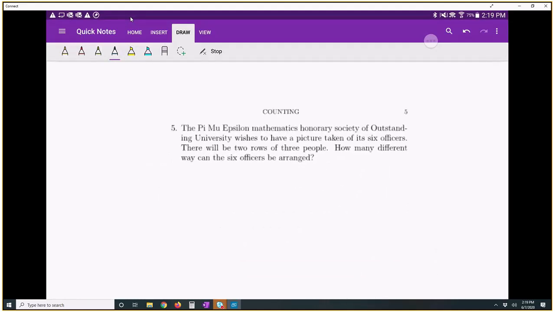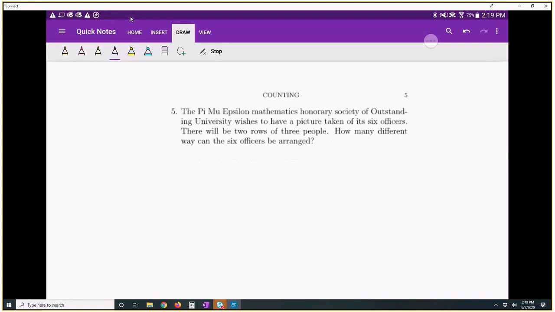Next we have the Pi Mu Epsilon Mathematics Honorary Society of Outstanding University wishes to have a picture taken of its 6 officers. There will be 2 rows of 3 people. How many different ways can the 6 officers be arranged? So sometimes it's helpful to draw a little diagram, and oftentimes with counting problems, the diagram is going to be as simple as just putting these little spaces here.